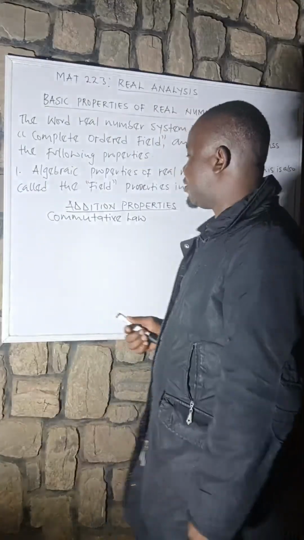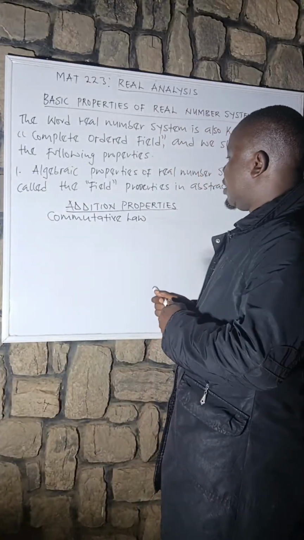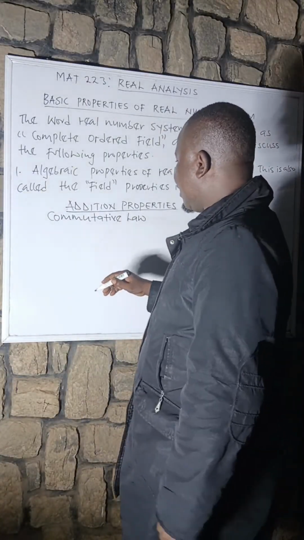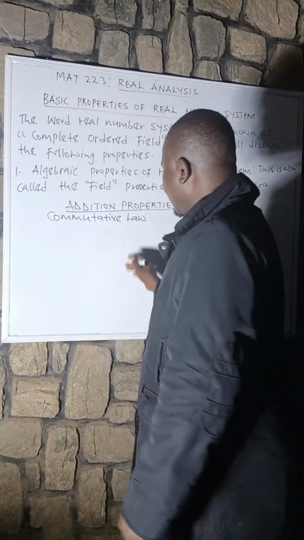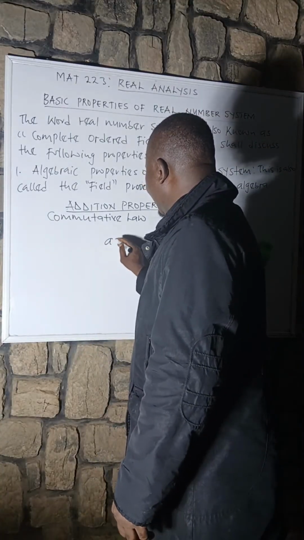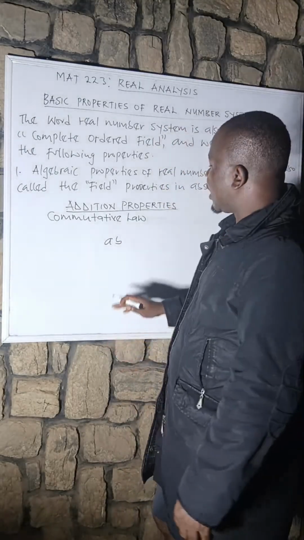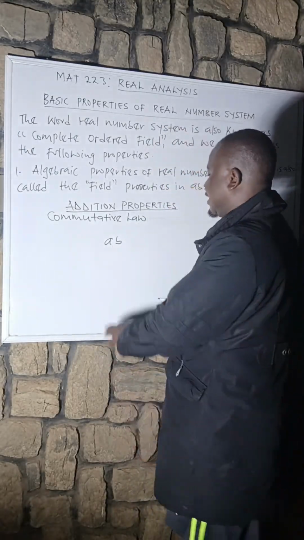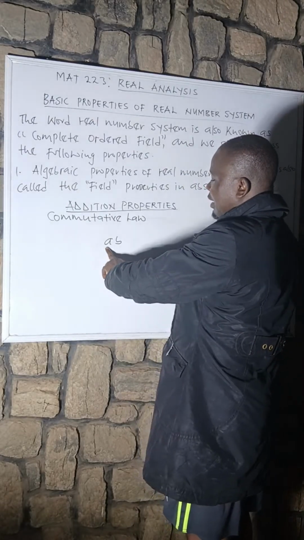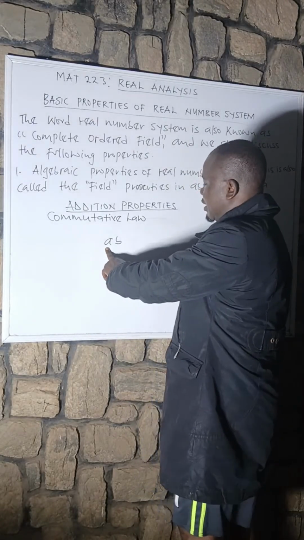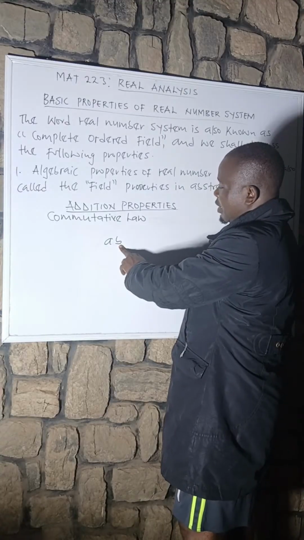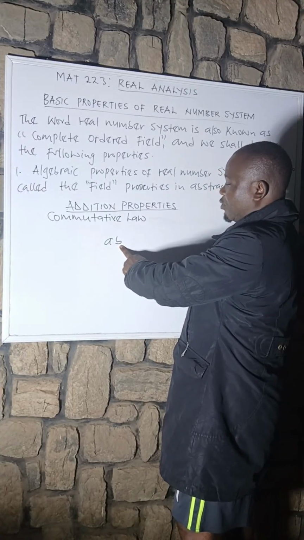Just look at the board very well. Let us have variables, A and B. You can now see that A is on the left hand side, true or false? Then B is on the right, true or false?